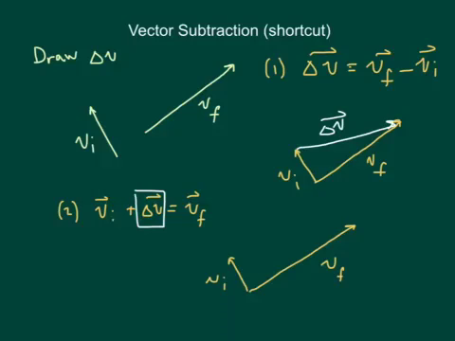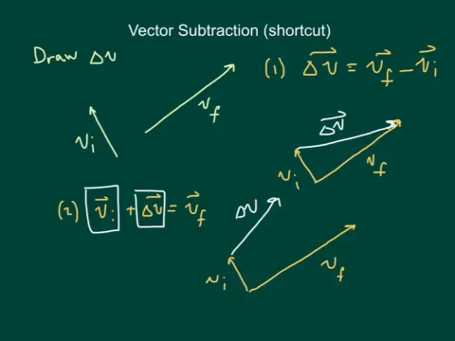I have to draw delta V so that it connects tip to tail with VI. So I could draw delta V like this, except whoops, that fails to create V final as the resultant. So this is wrong. Let's see. So that's a wrong delta V.